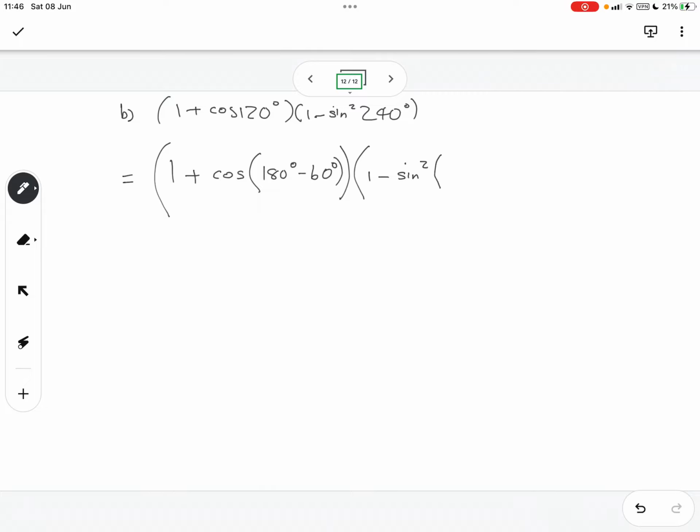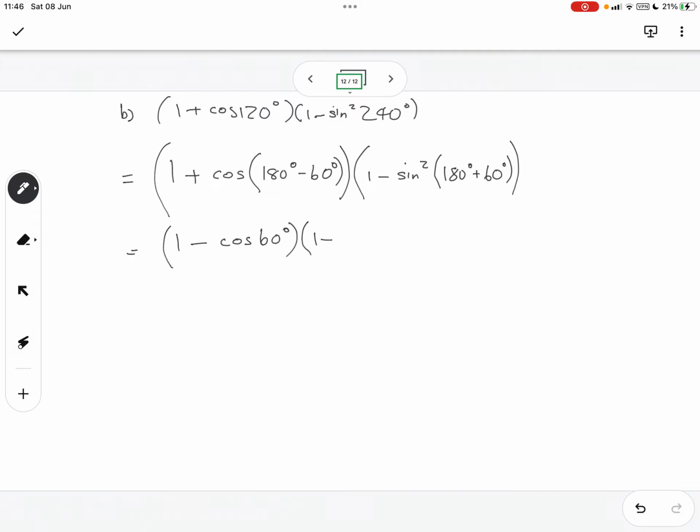Yes. Right. So we can have 1 plus the cos of 180 degrees minus 60 multiplied by 1 minus the sine squared of 180 degrees plus 60.